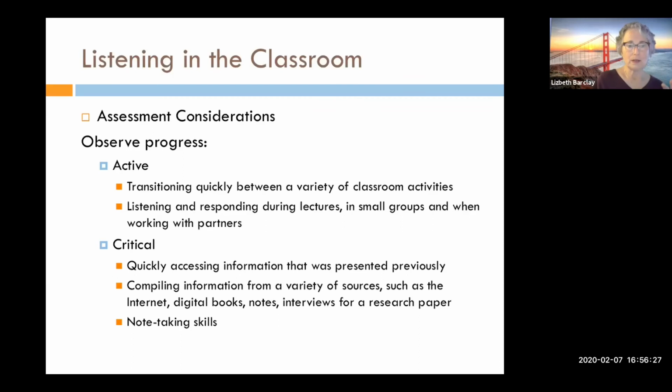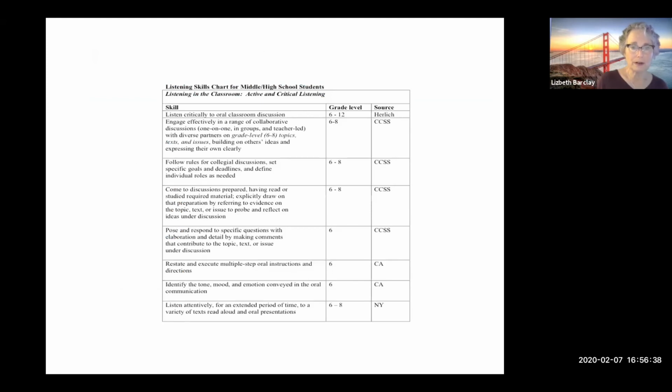And so we're looking at both active and critical listening skills as we observe and as we review assignments with them. And of course, there are checklists in the book that help you see what California standards they are. And also there are checklists that can be used that are blank that you can use. You can also create your own checklist by looking at these skills and picking the ones that apply most to your students.